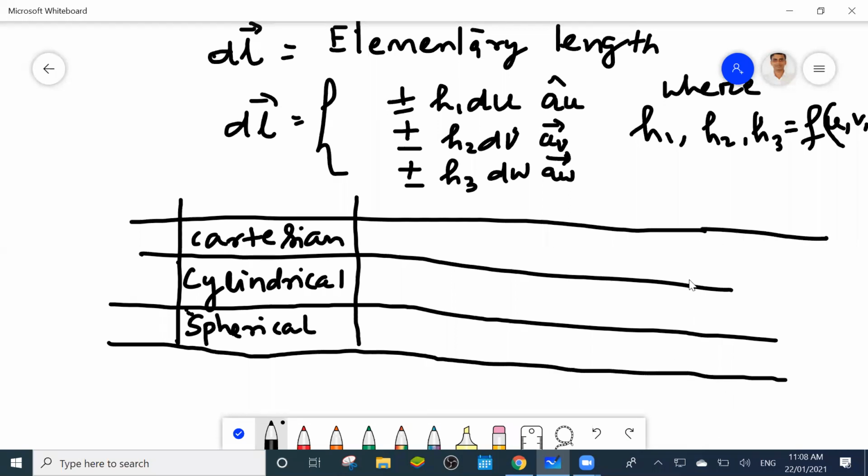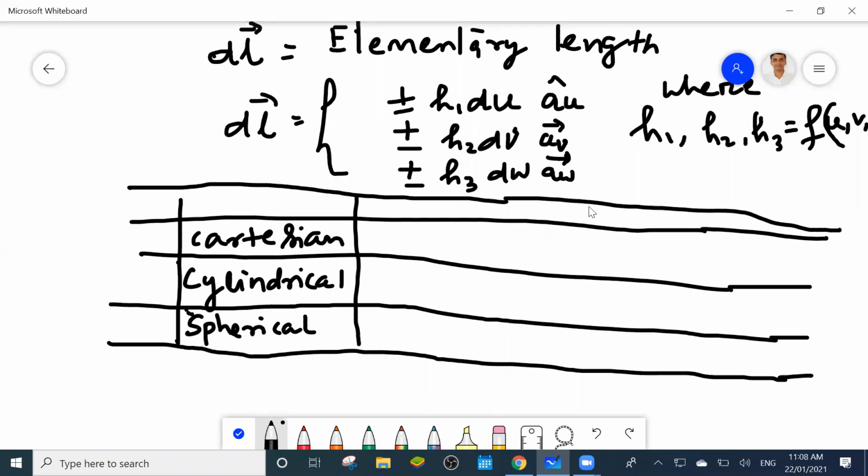Okay. Now in these three coordinate systems, I have to see in Cartesian which are the x, y, z values. Suppose in Cartesian coordinate system, in general format I have to write in terms of u, v, w. In general curvilinear system, this is the u, this is the v, this is the w.